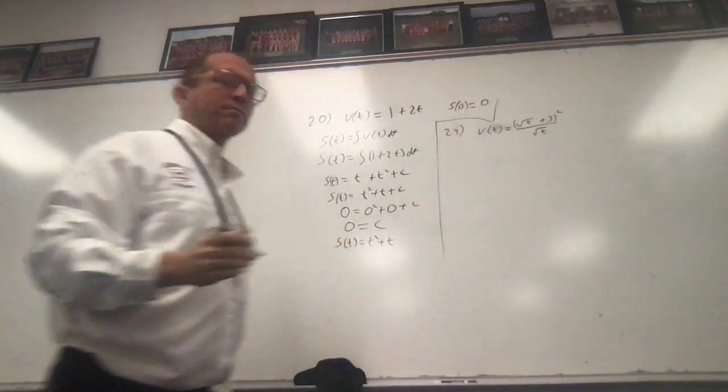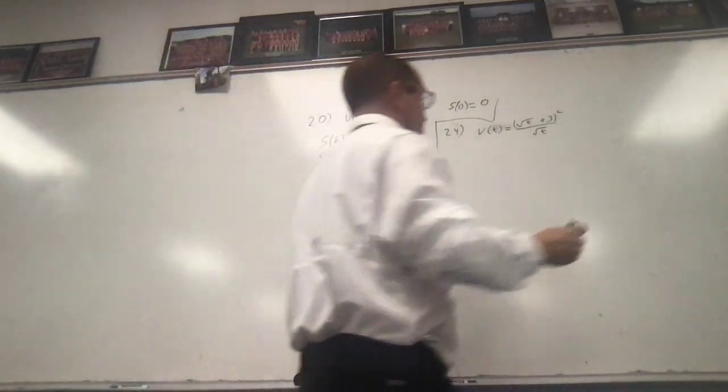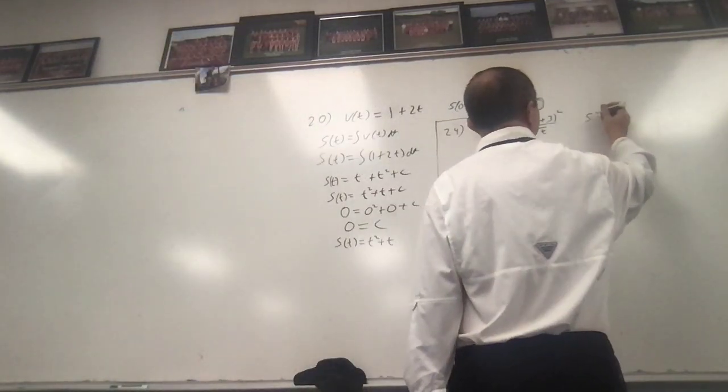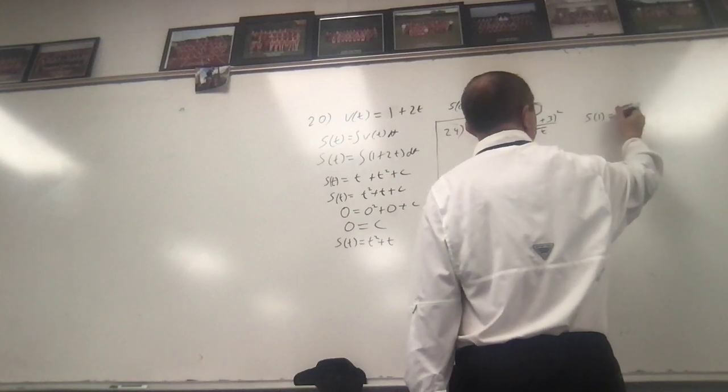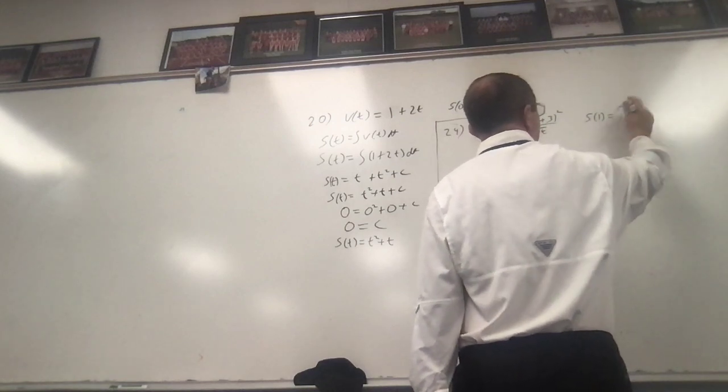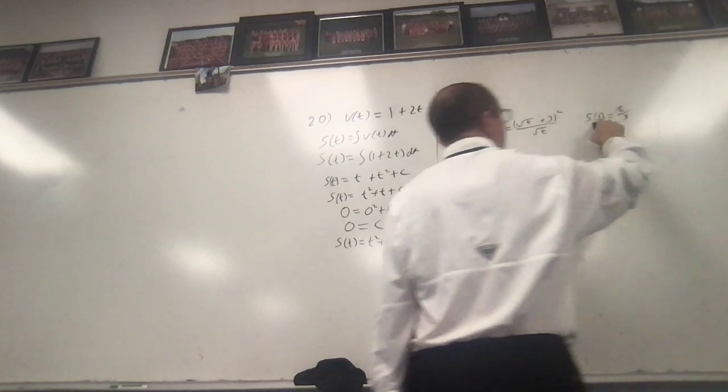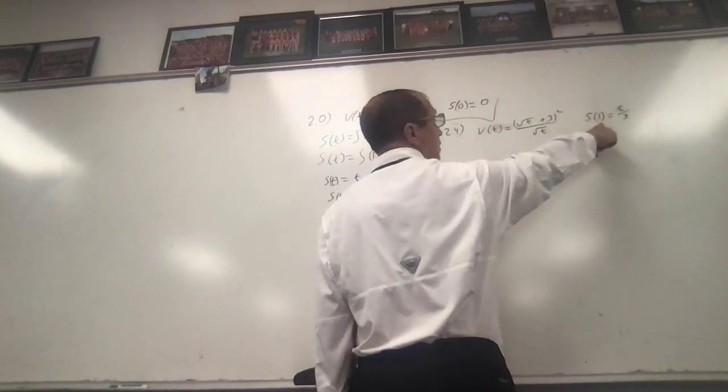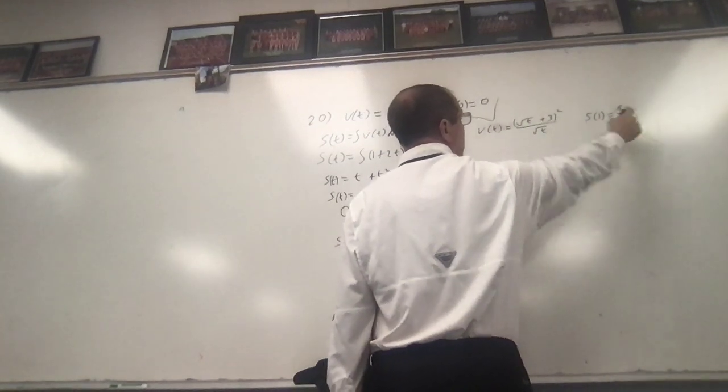Is that correct? Okay. And what's my initial condition? s of 1 equals 2/3. So again, what this is saying is that at time 1, the position is 2/3.